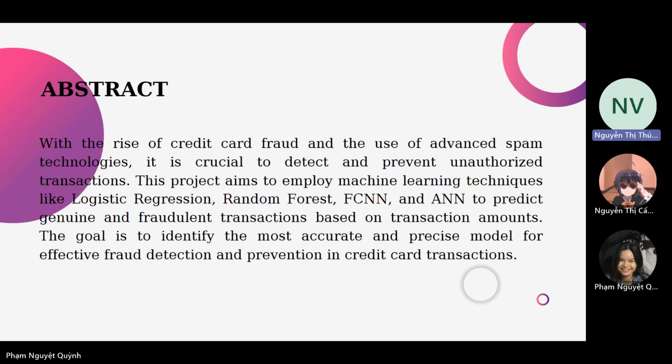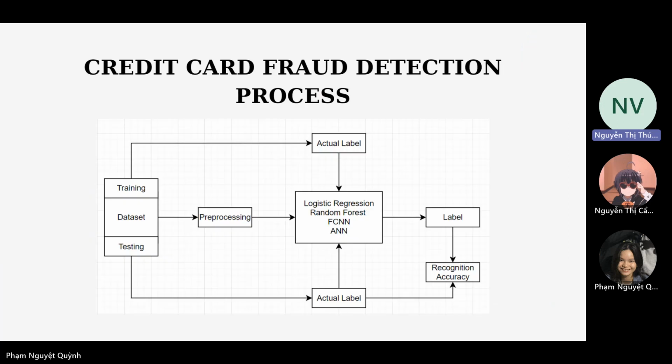Credit card fraud detection is a classification problem where a model is built using historical credit card transaction data to differentiate between legitimate and fraudulent transactions. The model is trained on a significant amount of internal historical data, including both genuine and fraudulent transactions.